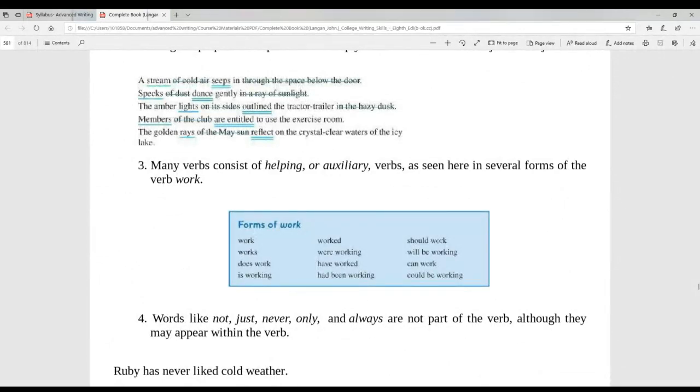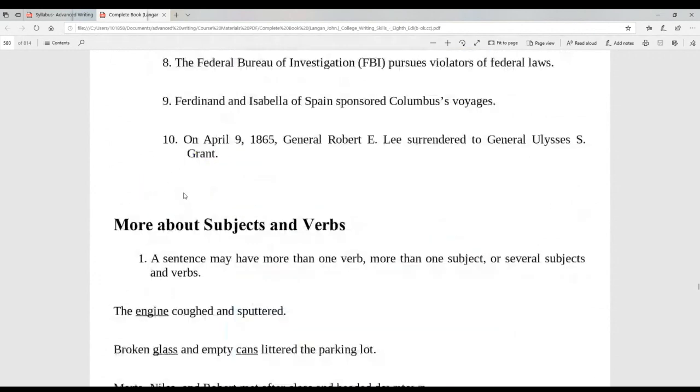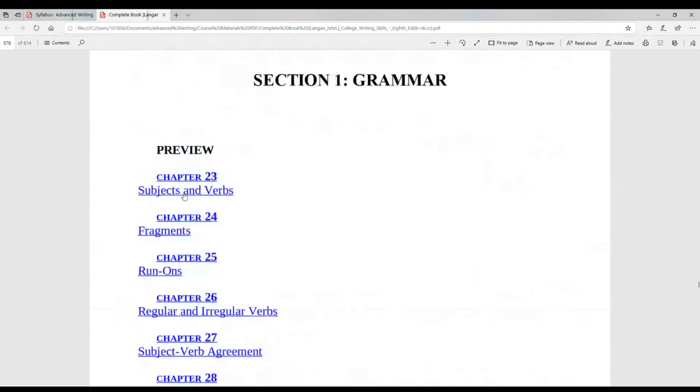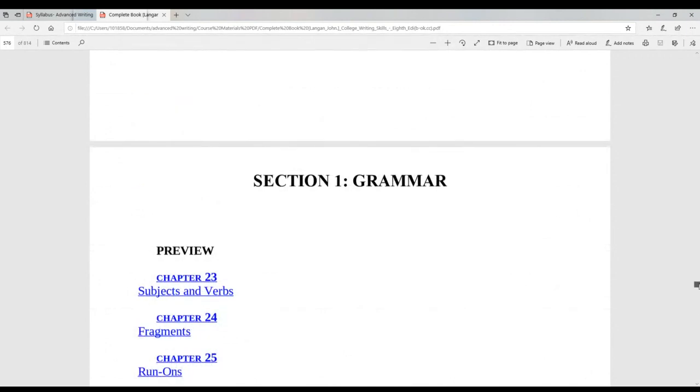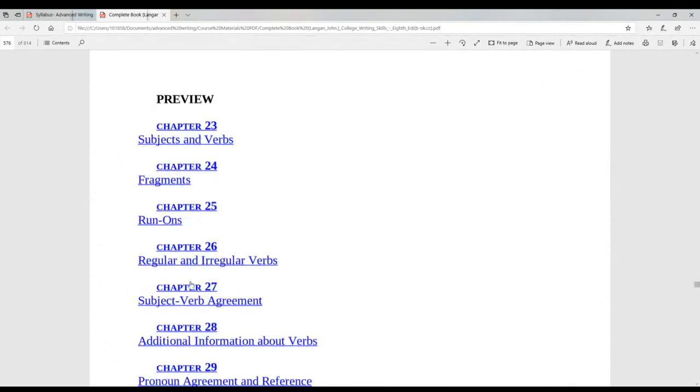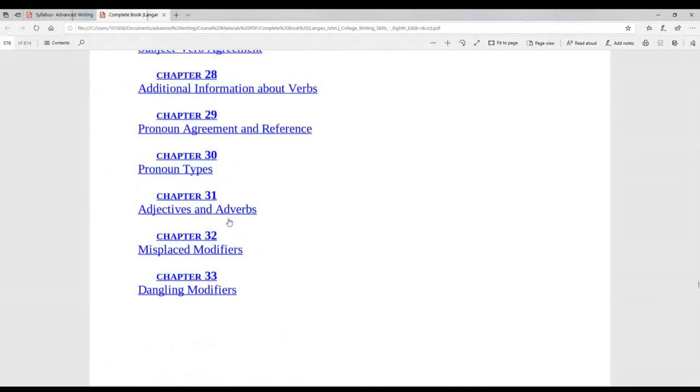So this is the course book, bimashiatillah. I uploaded the book on Blackboard. You can go and download it from there. Here are run-on sentences, fragments, subject-verb agreement, adjectives and adverbs, pronoun types, etc. It's very, very interesting. I know the majority of information presented in this book, you are familiar with the majority of them.